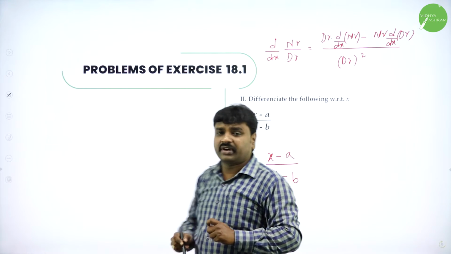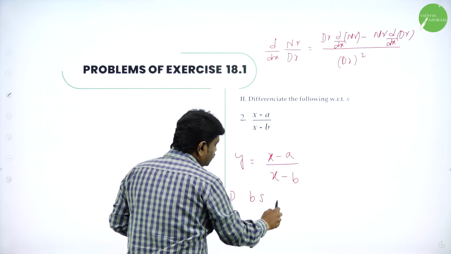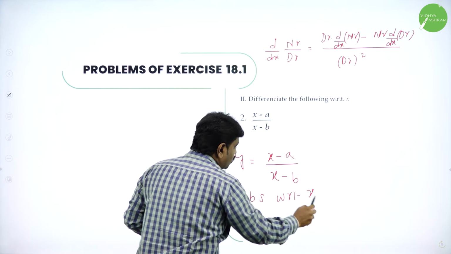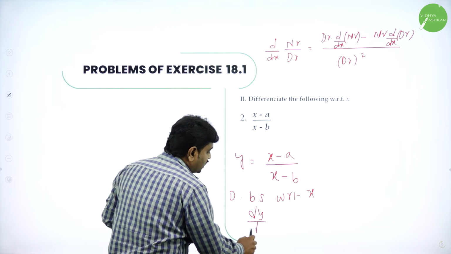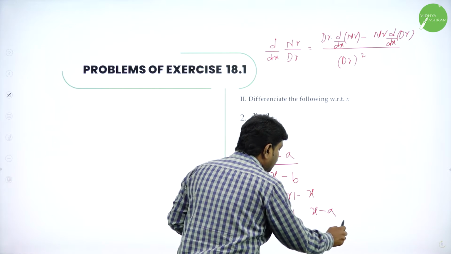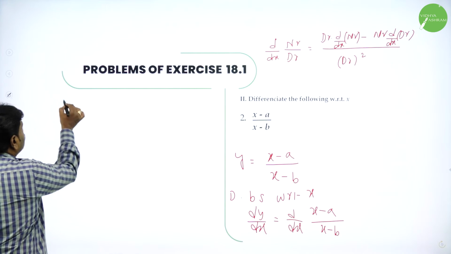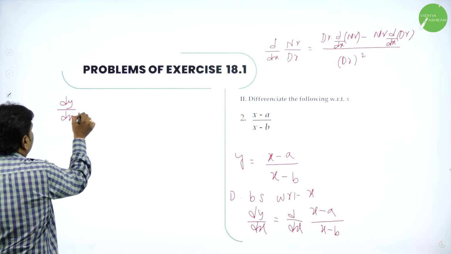So now we'll differentiate this both sides. So differentiate both the sides with respect to what? x. So LHS becomes dy by dx and RHS becomes d by dx of x minus a by x minus b. So now use what rule? Quotient rule. So dy by dx is equal to, what is quotient rule?